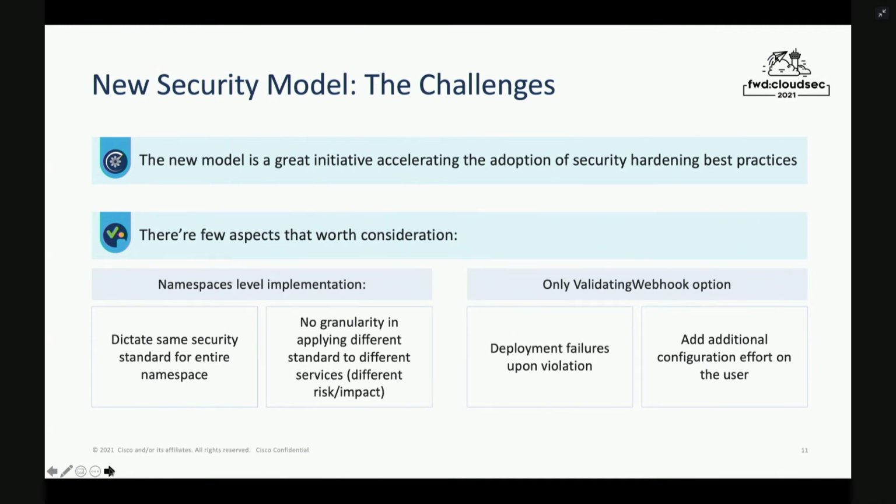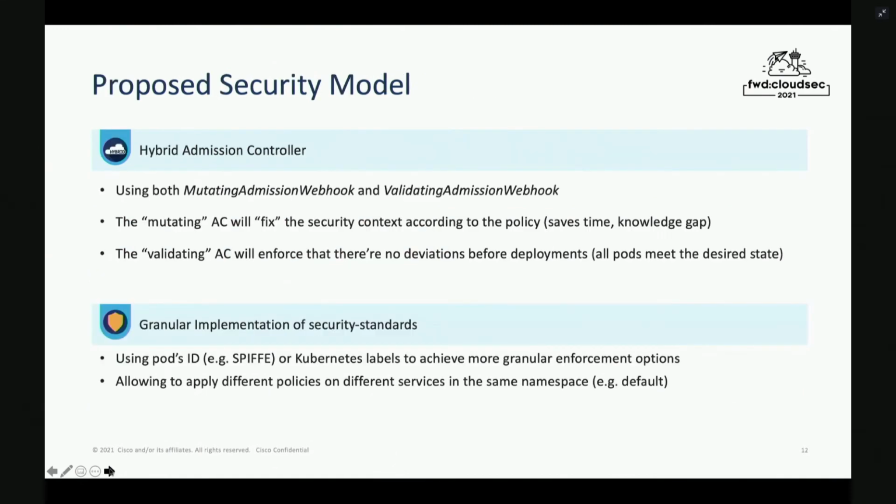And not all pods are created equal. Not all pods have the same risks. Not all pods are exposed the same way or access the same resources. And it's not like one size fits all. Sometimes it makes sense to be more granular and to give you more ability to play with the policies and create different policies for different pods.